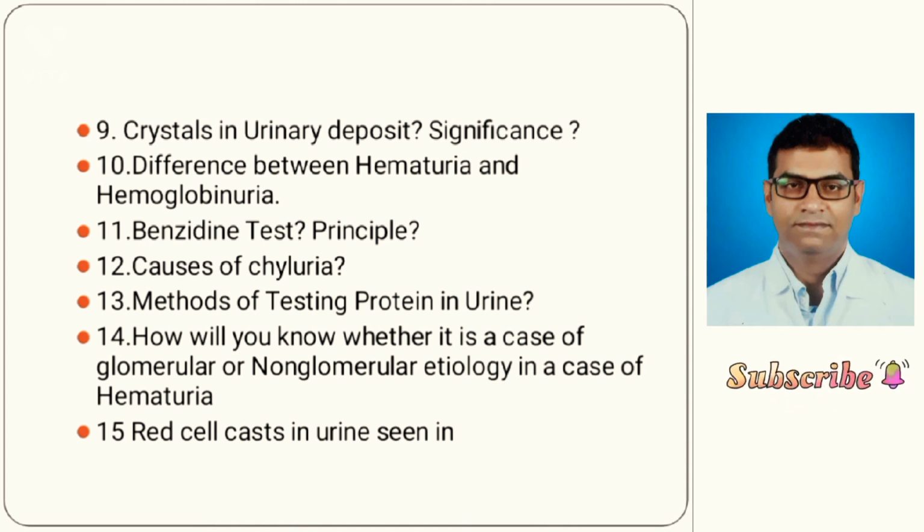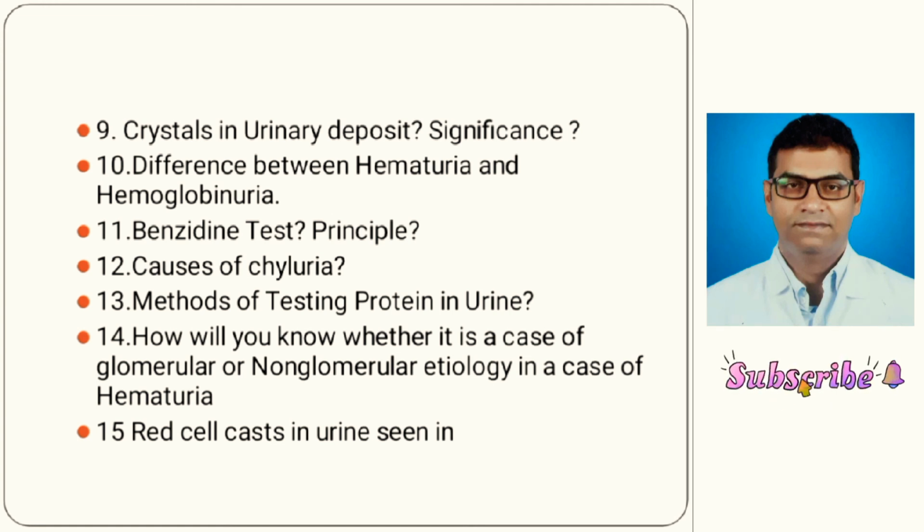In a case of hematuria, how will you know whether it is a glomerular or non-glomerular etiology? In glomerular hematuria, there are two characteristic findings: red cell casts and dysmorphic red blood cells. Dysmorphic red cells have discrete spheroidal protrusions, and these cells should be more than 5% of the urinary red cells.